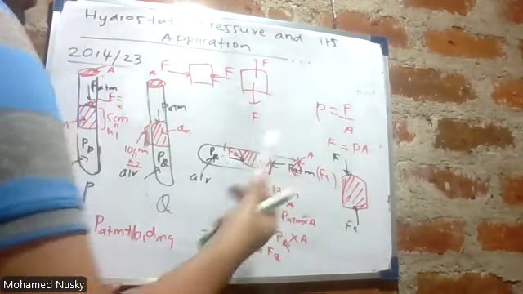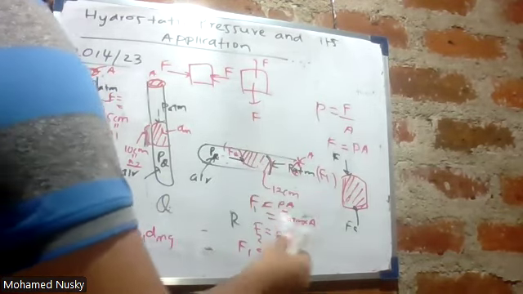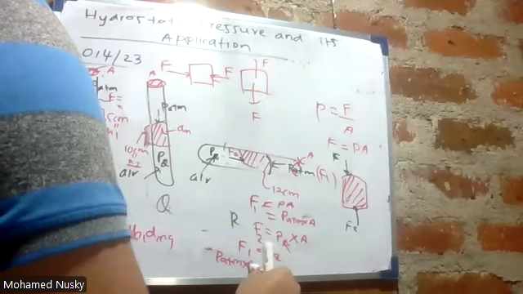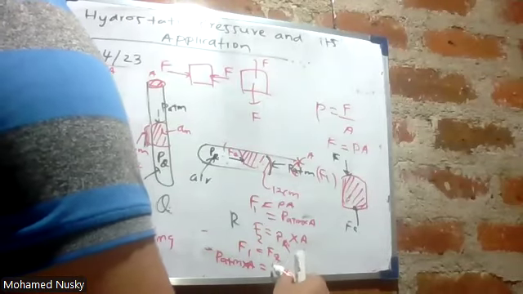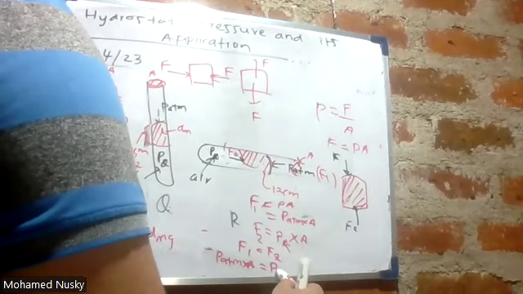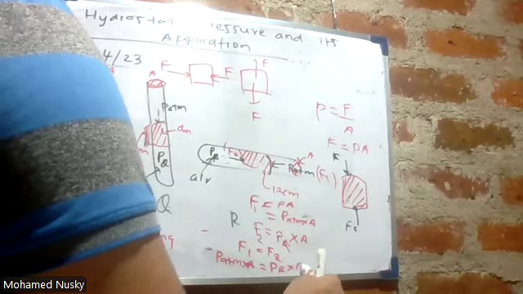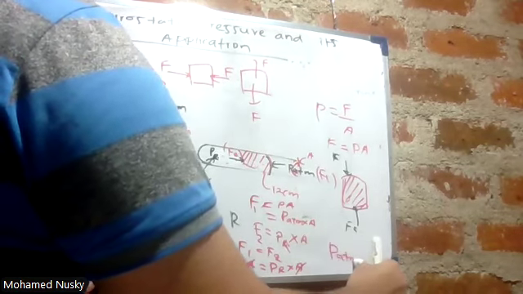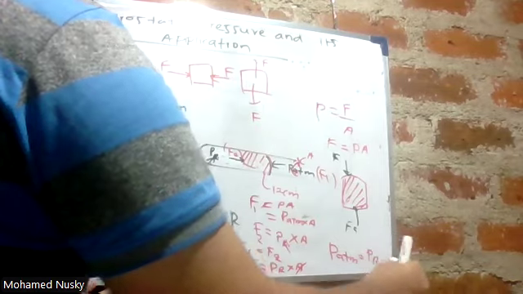Then only this will be in equilibrium. Therefore, F1 equals P_ATM into A, and that equals F2, which is P_R into A. A and A cancel off. Therefore, P_ATM is equal to P_R.